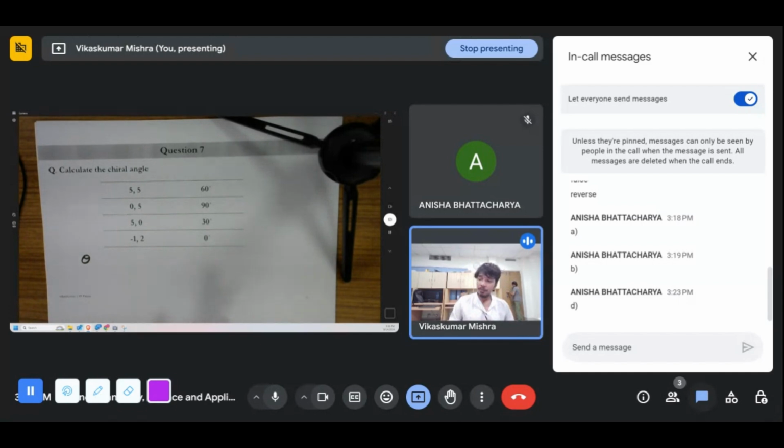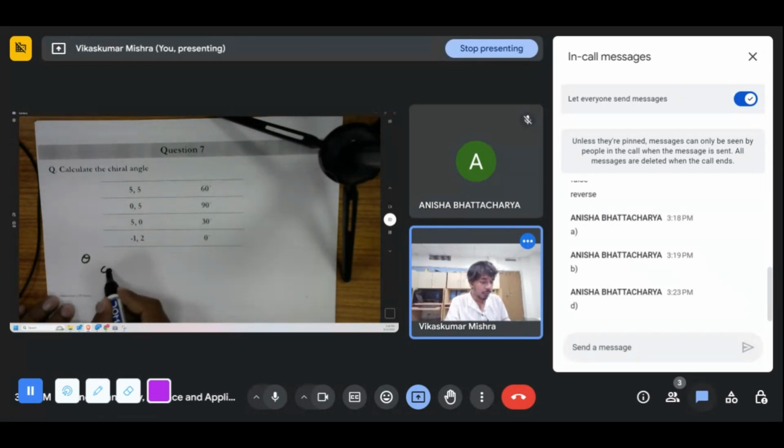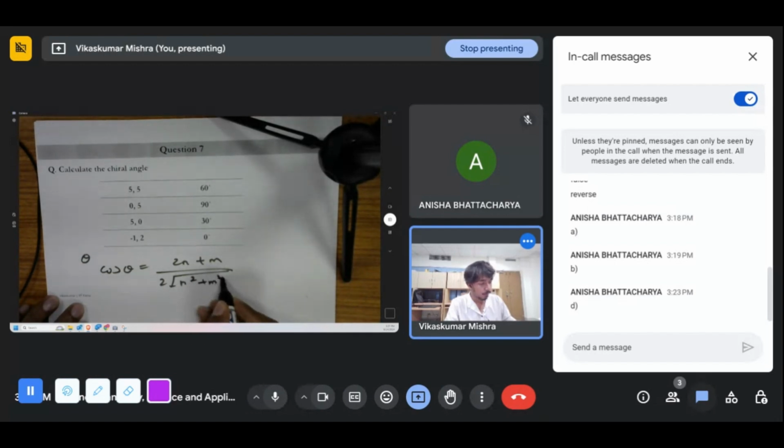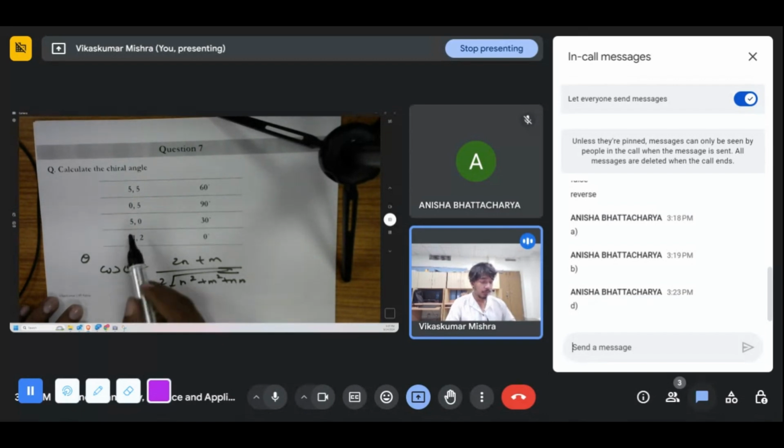For this also, we derived in our class that we can calculate the cos of theta from this particular equation. Knowing the values of n and m, we can substitute and find the respective value of cos theta, and from that we can find theta.